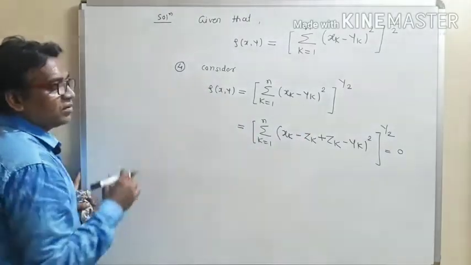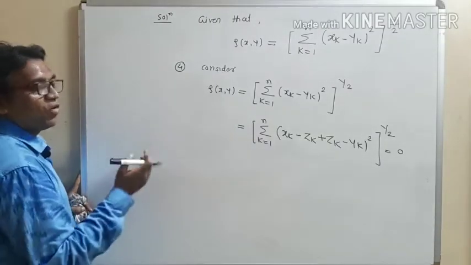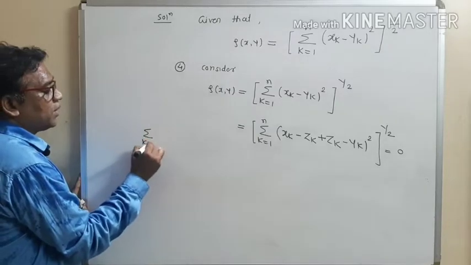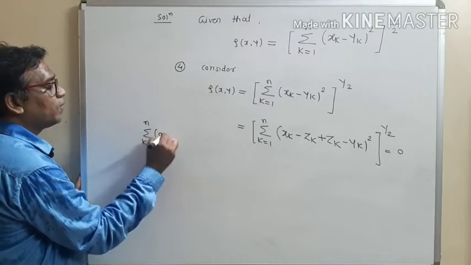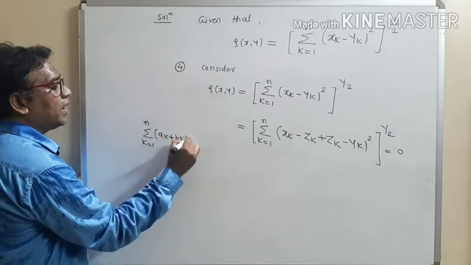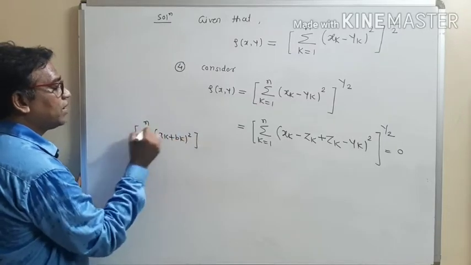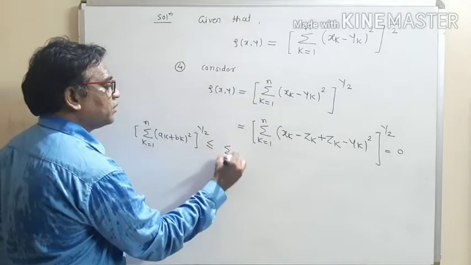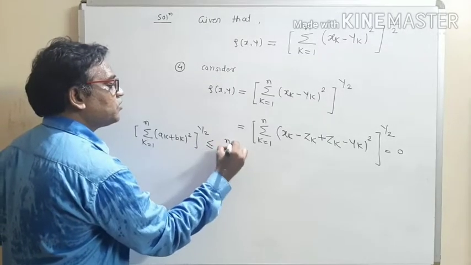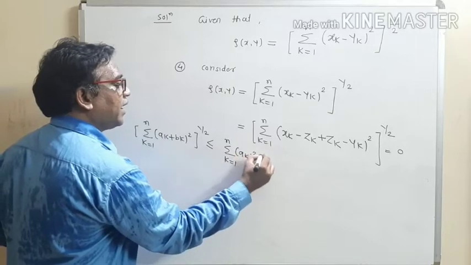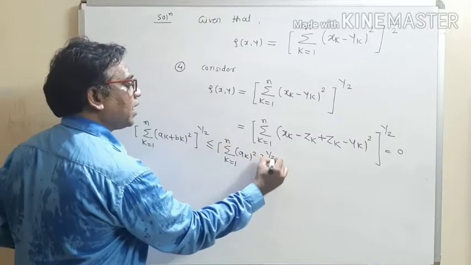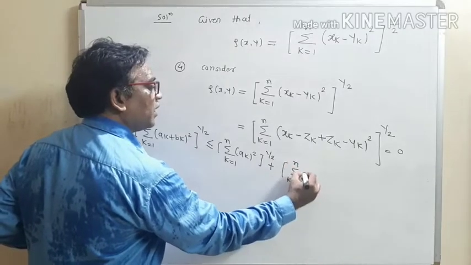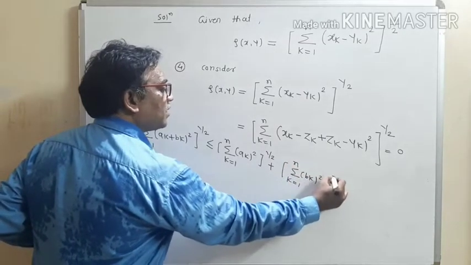Now see, this is called Minkowski's inequality. What is Minkowski's inequality? Summation k varies from 1 to n, (ak plus bk) bracket square raised to 1/2 is less than or equal to summation k varies from 1 to n, ak square raised to 1/2 plus summation k varies from 1 to n, bk square raised to 1/2.